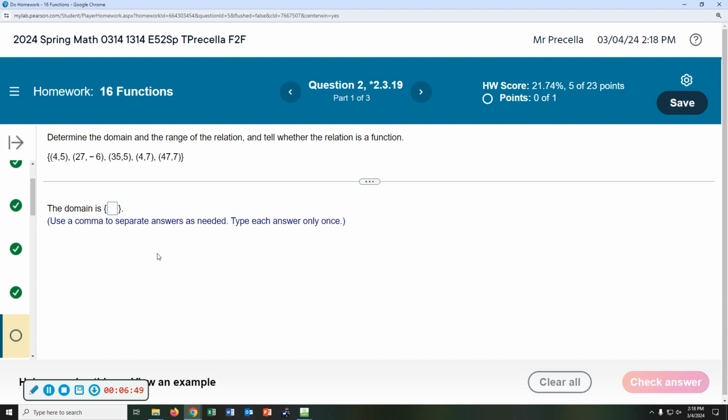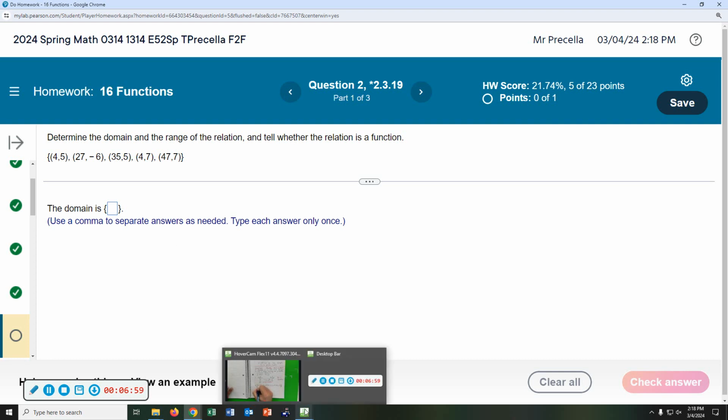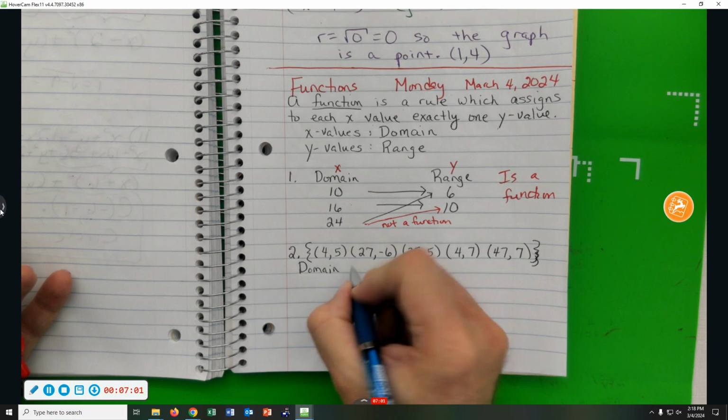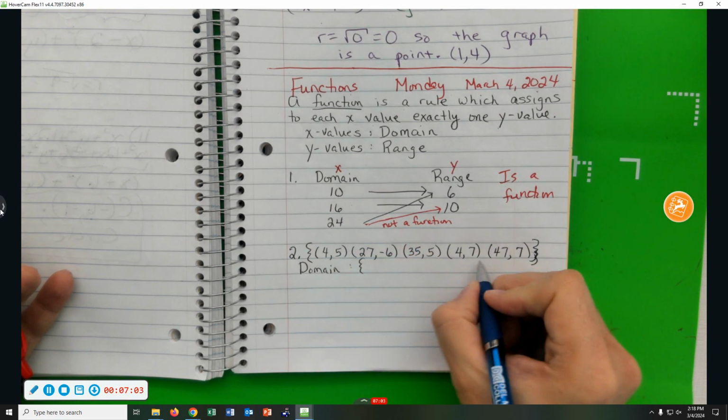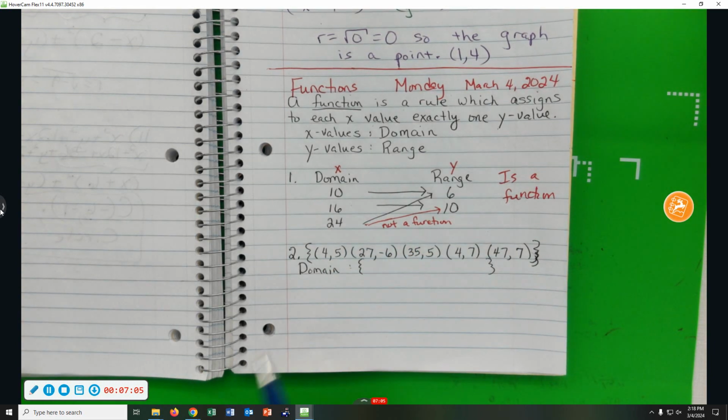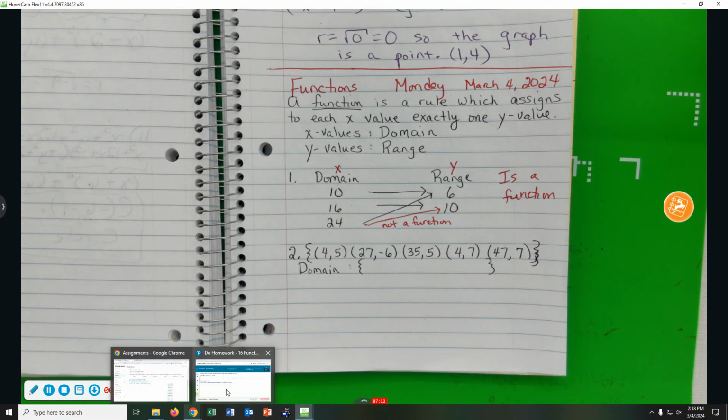I don't think you need to write this down. I think they'll be able to tell me. Well, let's go ahead and write everything down. It says, what's the domain? I need to look at those instructions once again. Domain, range, is it a function?